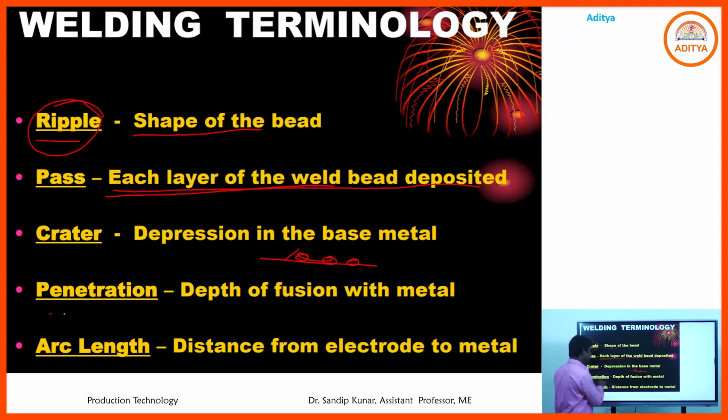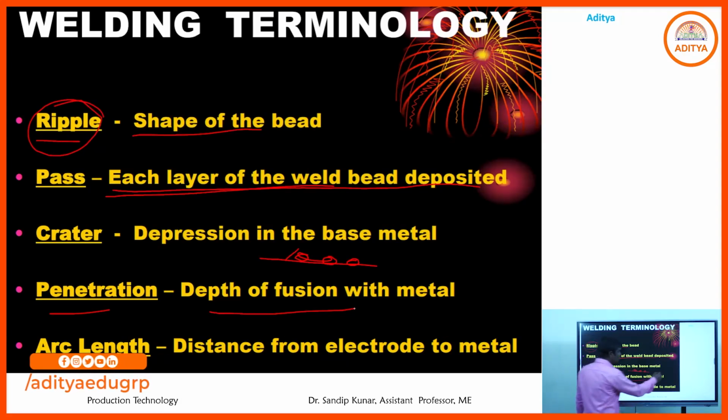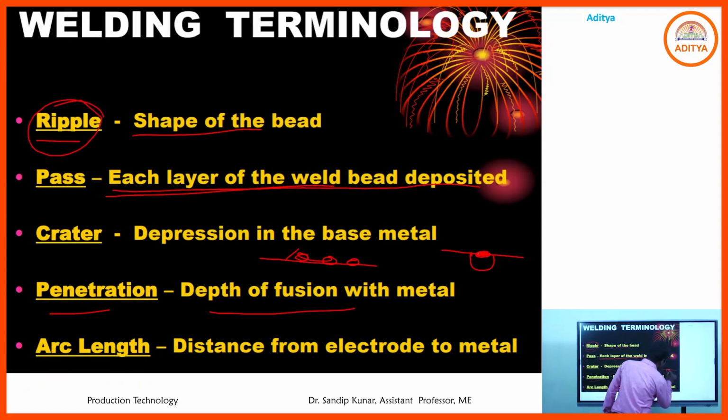Another, penetration, the depth of fusion. When the welding torch is taken to the weld face, some material is melted, and due to fusion some depth is created on the weld face.